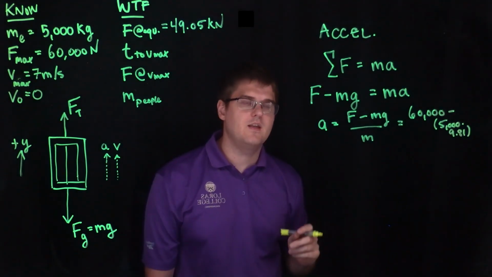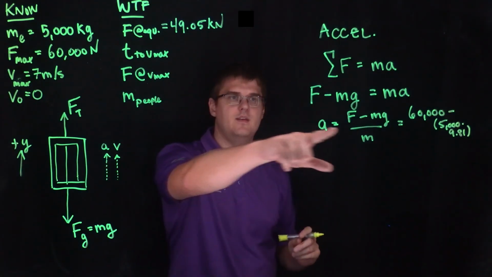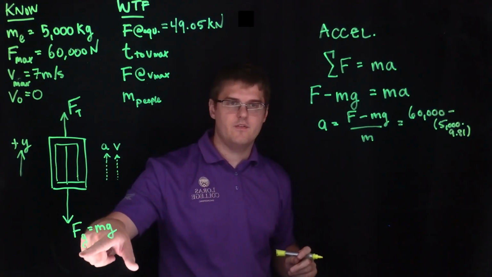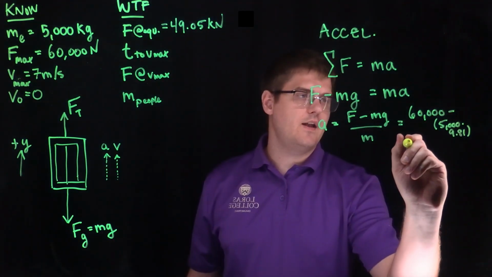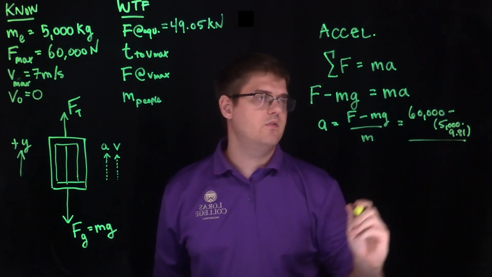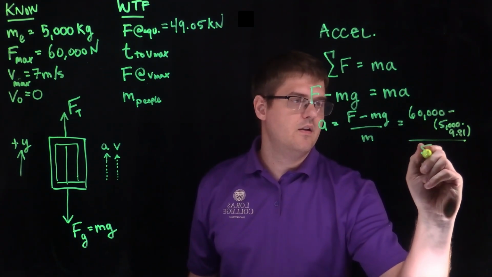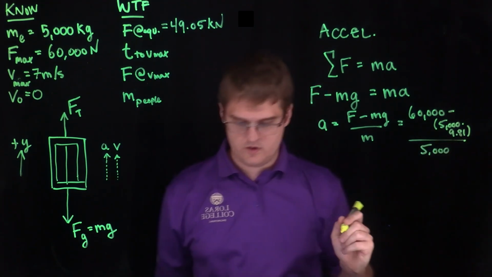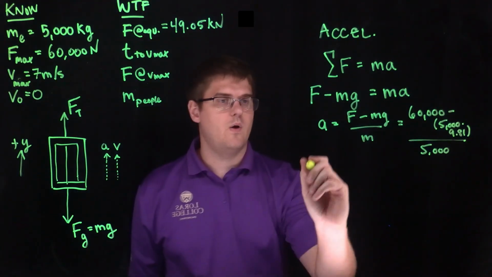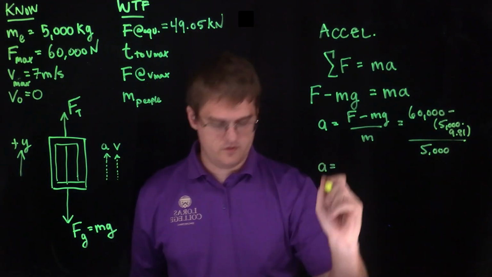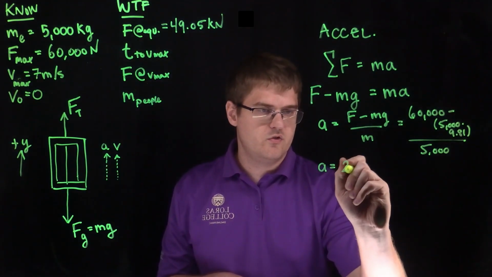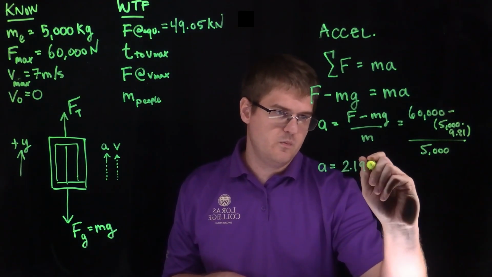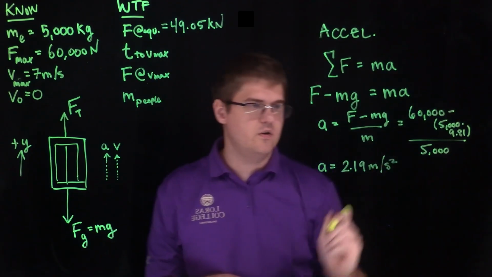I'm not putting negative 9.81 in here because the negative is already taken care of by the fact that I'm pointing it down. That is why the negative is there, and then that divided by 5,000. So I get an acceleration that comes out to be 2.19 meters per second squared.